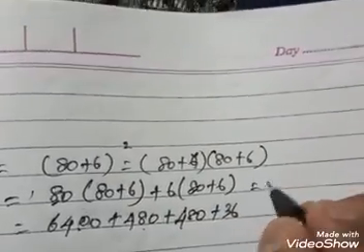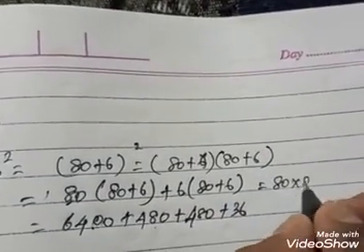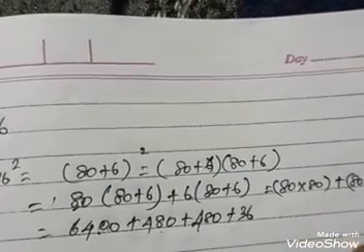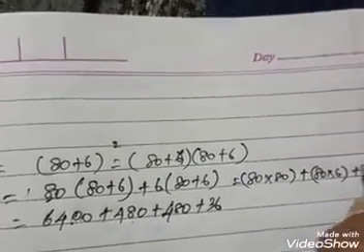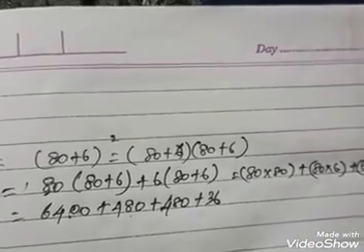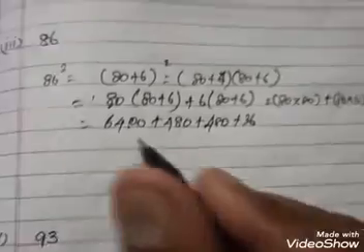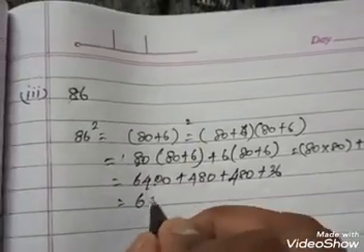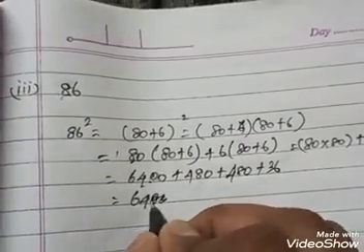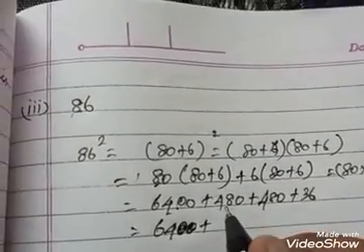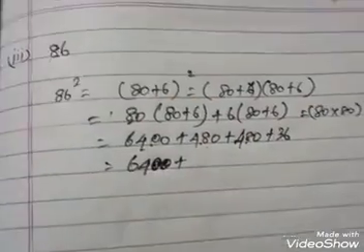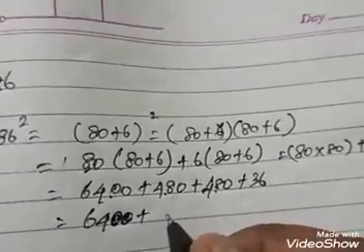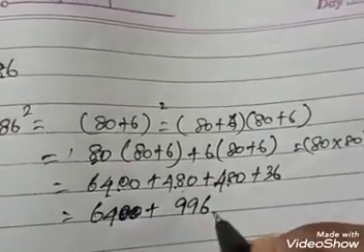Otherwise just take one more step: 80 into 80 plus 80 into 6 plus 6 into 80 plus 6 into 6, like this. Okay, so now you just add these 4 values, 6400 plus 480 plus 480, it should be 960. 960 plus 36, 996.